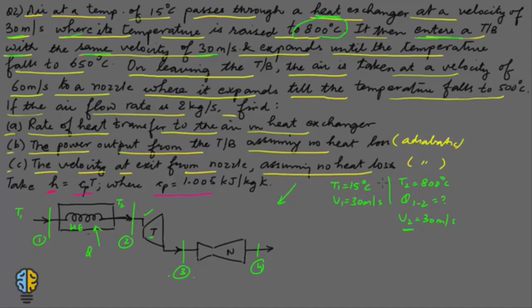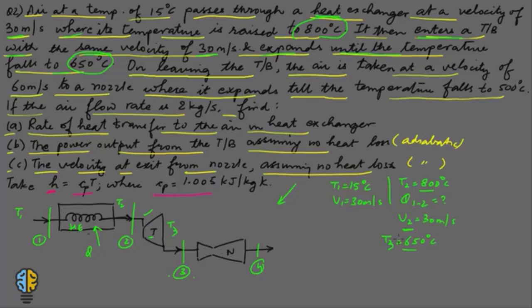Now it expands until the temperature falls to 650 degrees Celsius. So here it is T3, because T3 would be 650. So air enters the turbine at 800 degrees and exits at 650 degrees.